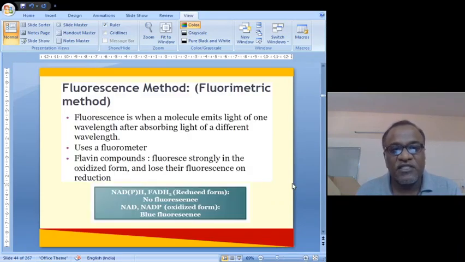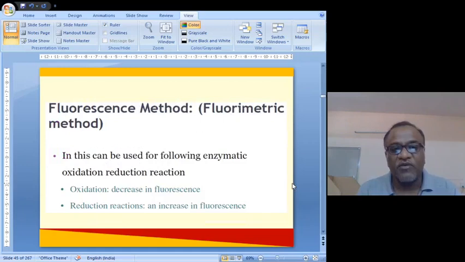Then we have the fluorescence method. Fluorescence is when a molecule emits light of one wavelength after absorbing light of a different wavelength. It uses a fluorometer, and flavin compounds fluoresce strongly in the oxidized form and lose their fluorescence in the reduced form. So this can be used for following enzymatic oxidation reduction reactions.